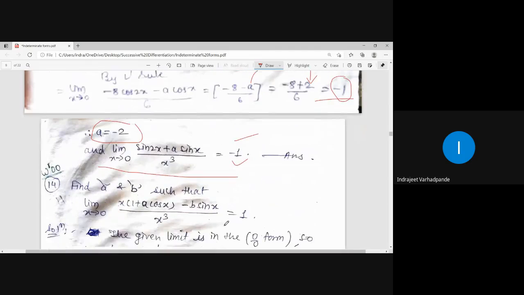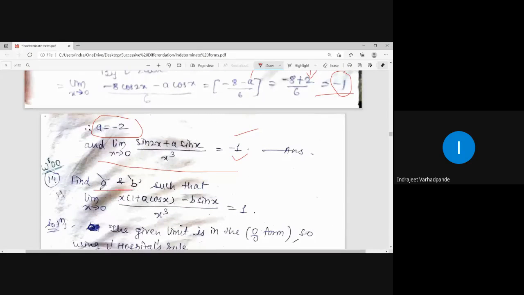Similarly, there is one example where you have to find the values of a and b. Kindly note it down for homework. Here we will be interested in finding the two values a and b.